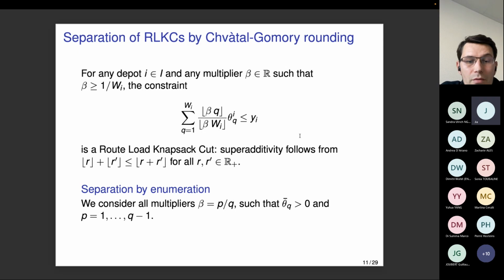And so we can separate it quite easily just by enumeration of interesting multipliers. We just look at the fractional solution in terms of the theta variables, and this fractional solution will give us all potentially interesting multipliers, because all other multipliers will be dominated.